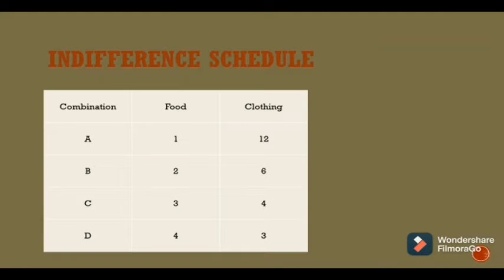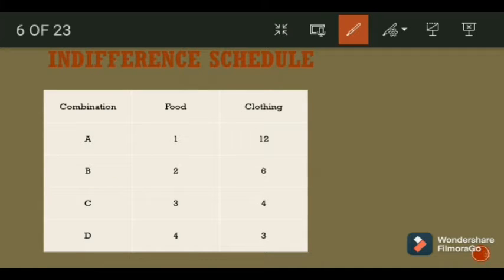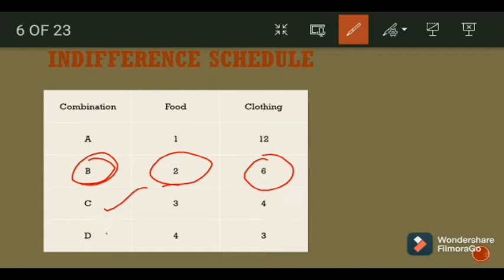We can understand with the help of an indifference schedule. Here you can see the indifference schedule wherein two commodities are there, food and clothing, and different combinations are available as A, B, C, D. At combination A, 1 unit of food is combined with 12 units of clothing, and at combination B, 2 units of food are combined with 6 units of clothing, and so on.